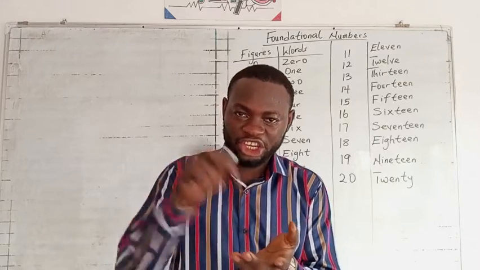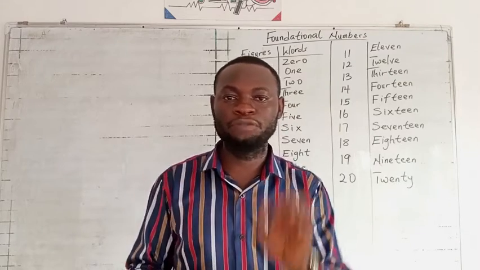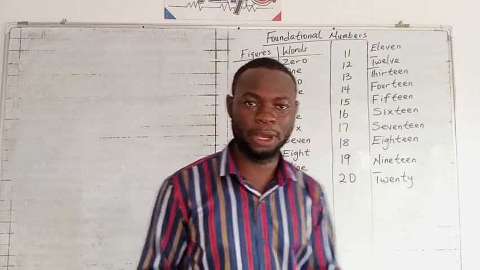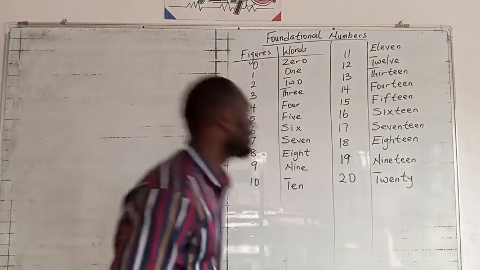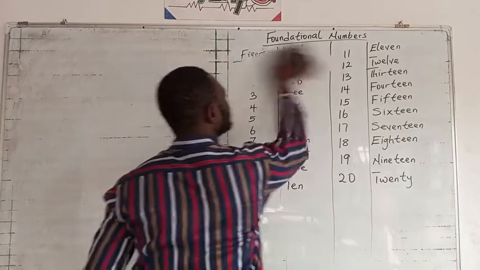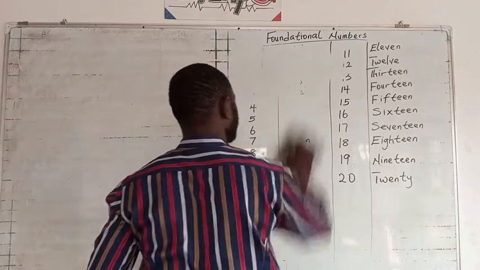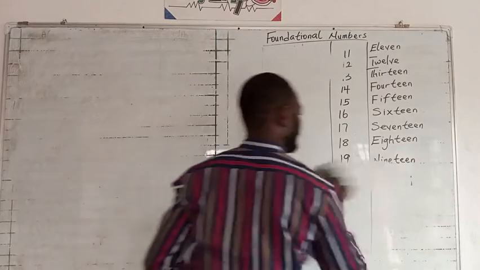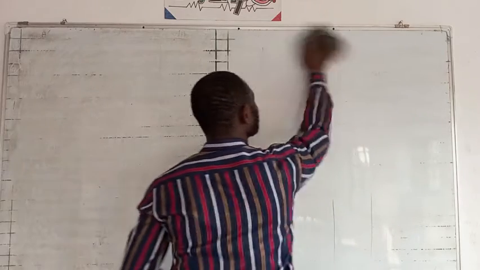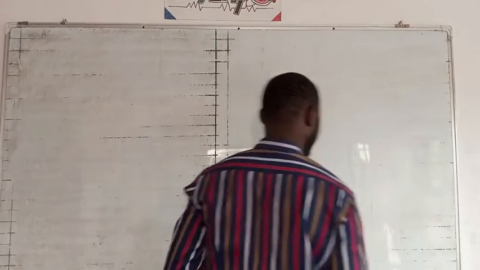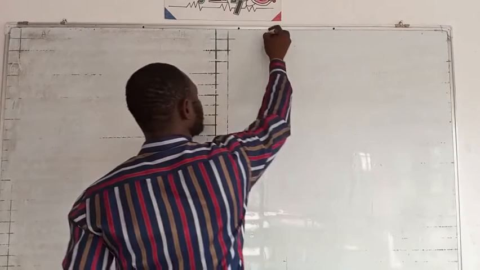There's always a change and a repetition of the unit numbers. Now let's write the ending numbers.